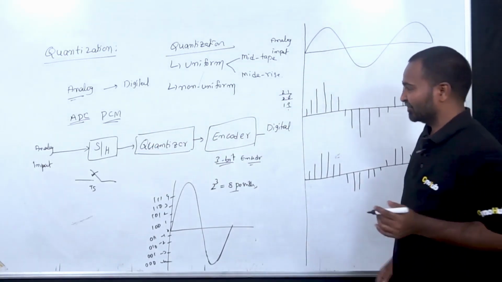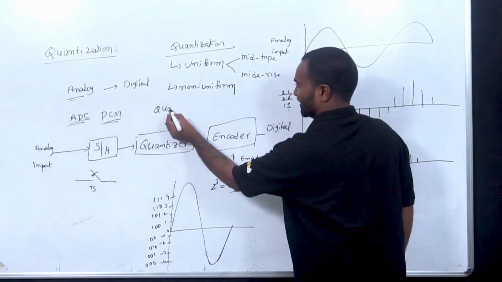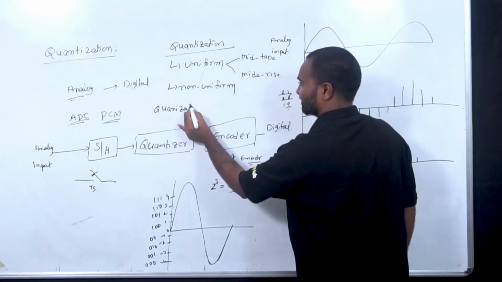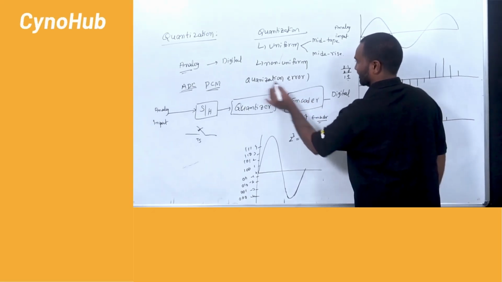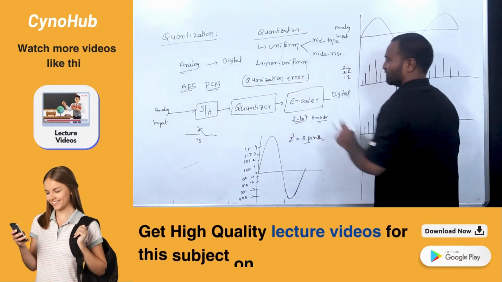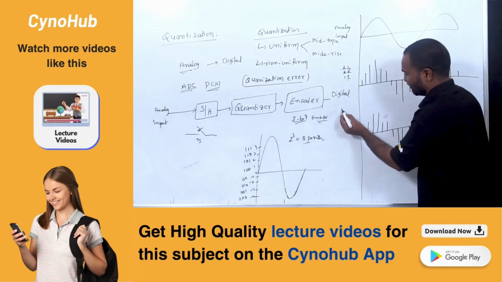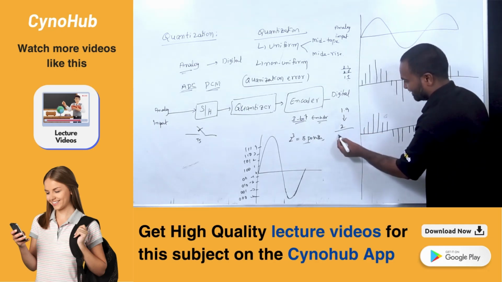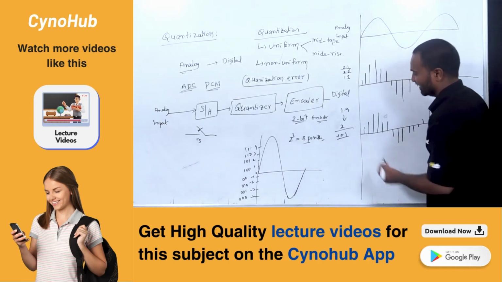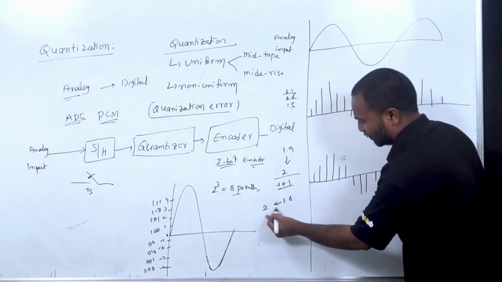The quantization error means, if you round off the integer value, for example, if you consider 1.9, it is equated to 2, which means the difference is plus 0.1. Similarly, if you consider sample 1.6 equated to 2, here the error is plus 0.4.